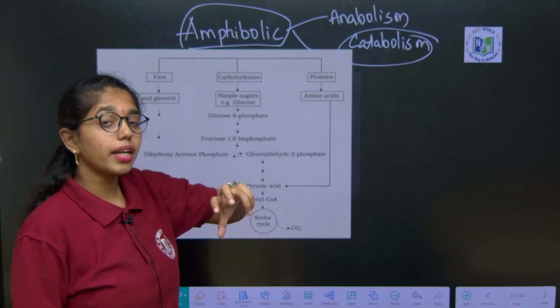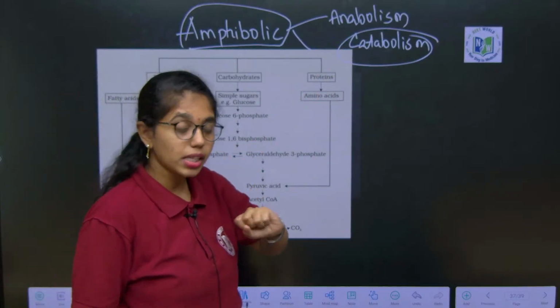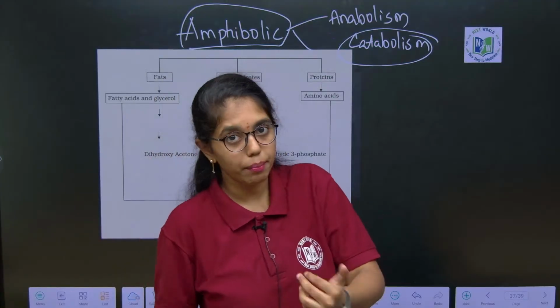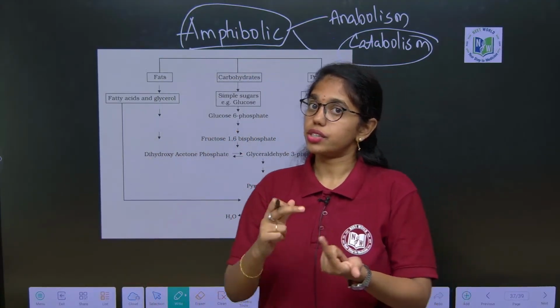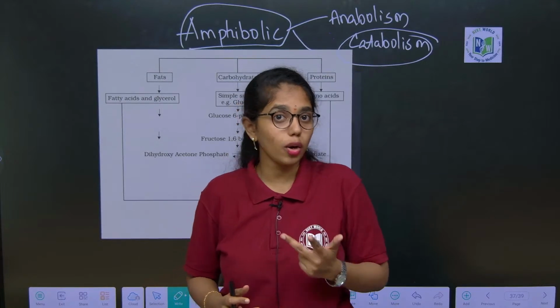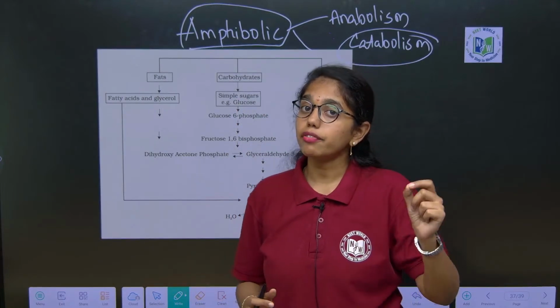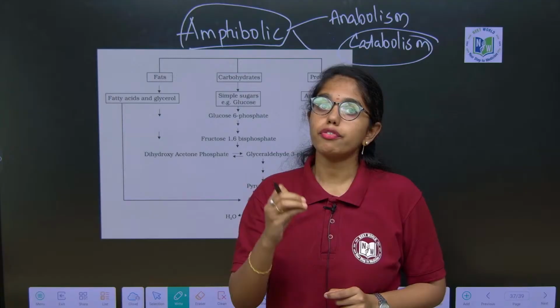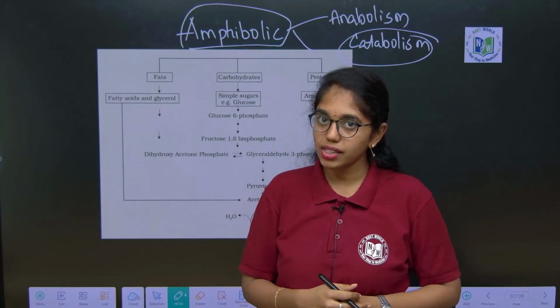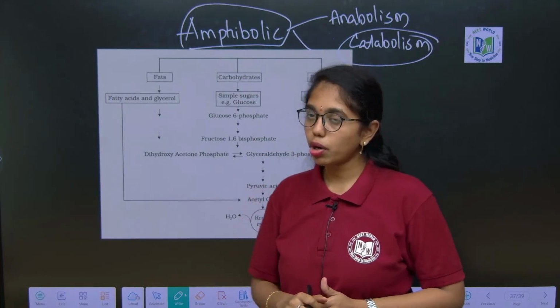The respiratory organic intermediates at different levels, for example alpha ketoglutaric acid, succinyl coenzyme A, oxaloacetic acid. These are the different organic intermediates that are formed at different levels of the TCA cycle or oxidative decarboxylation.